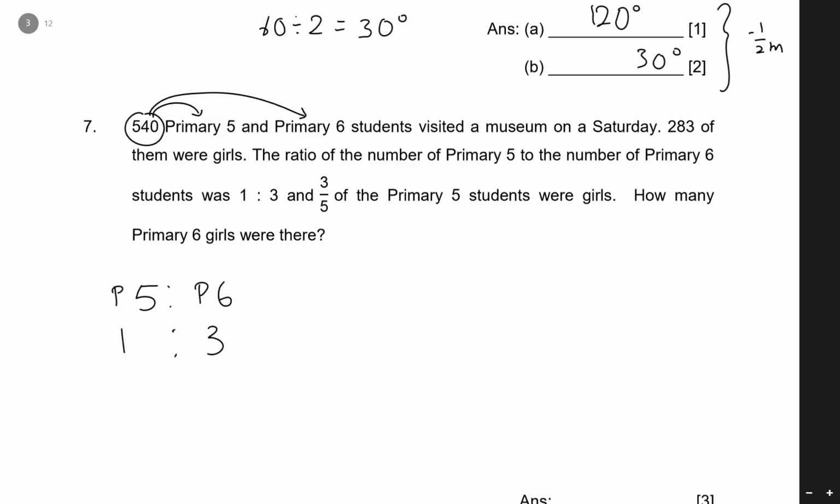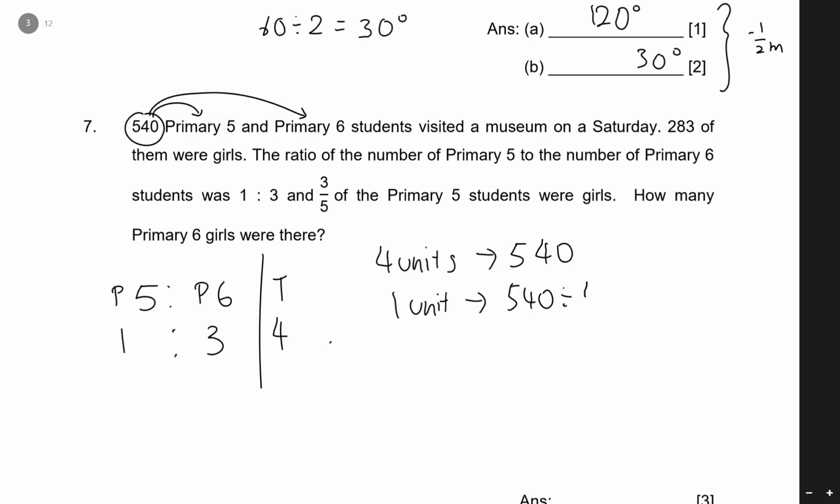Now you notice I wrote a P in front because I just want to denote P as primary. I don't want to have it this way, 5:6, primary 5:6 is 1:3. It looks very confusing because there are too many numbers. So I would prefer to have the letters to describe it instead. Okay. So you know that the total will be 4 units. Now this 4 units, did they say how many total pupils there are? 540. And 1 unit will be 540 divided by 4, which gives 135.